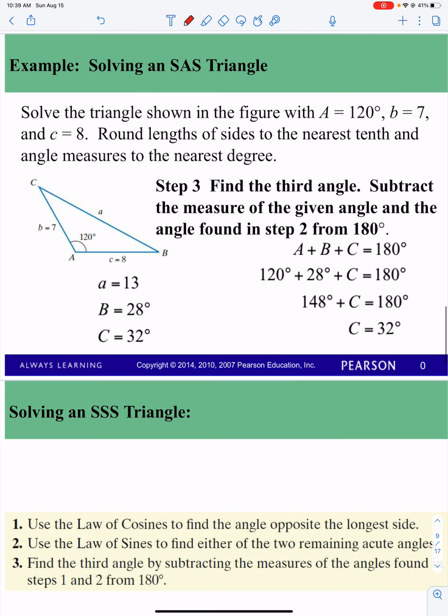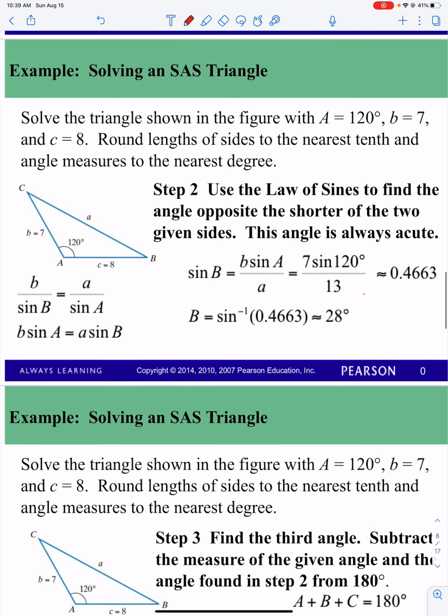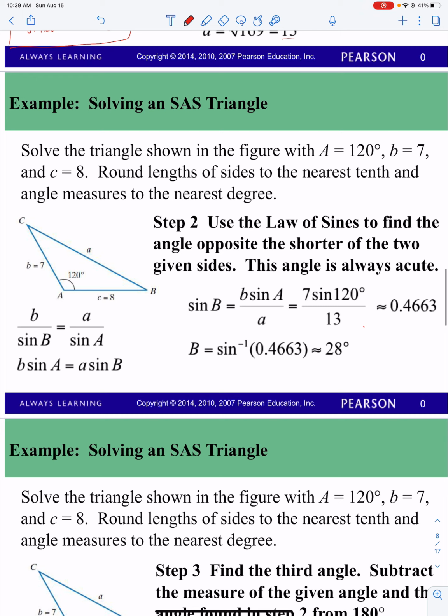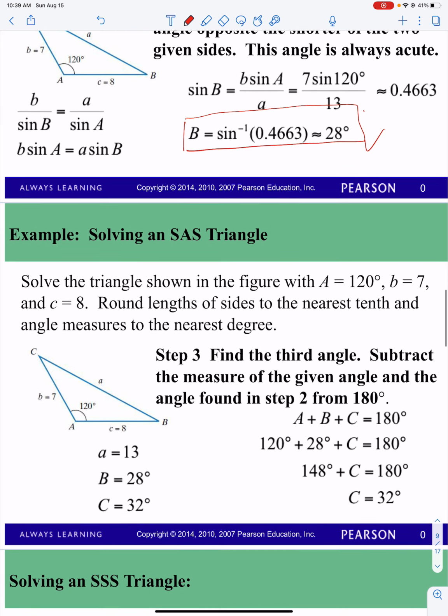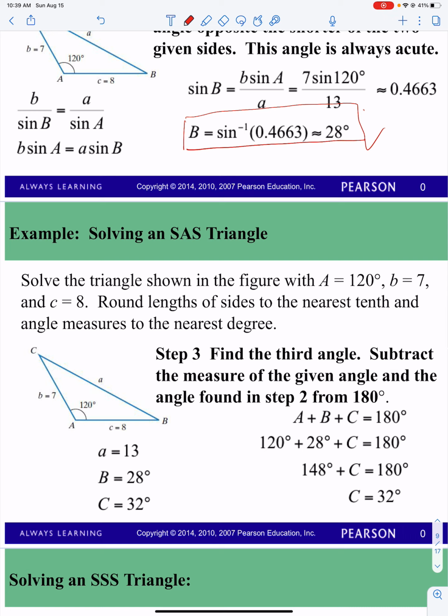For this question, you need to be a little bit careful, because b equals 28 degrees. Do not forget, b equals 28 degrees. Perfect, that's good. After you get b equal to 28, what will you do? You can find the third angle using 180 minus the other two. Good.